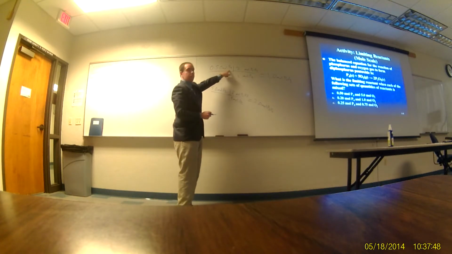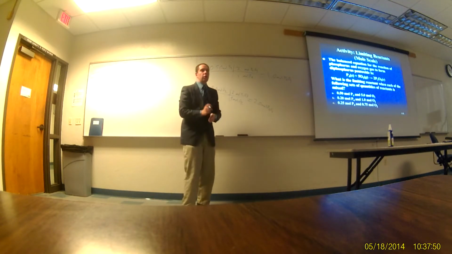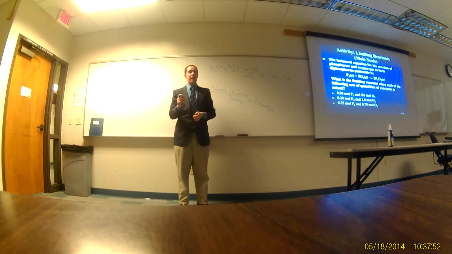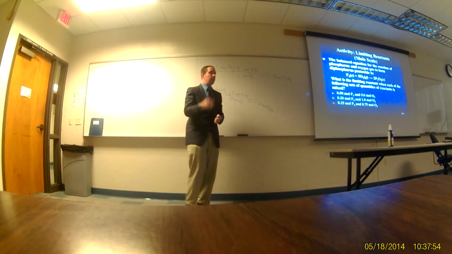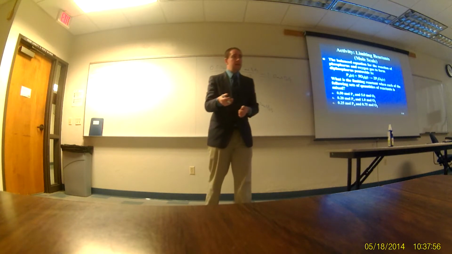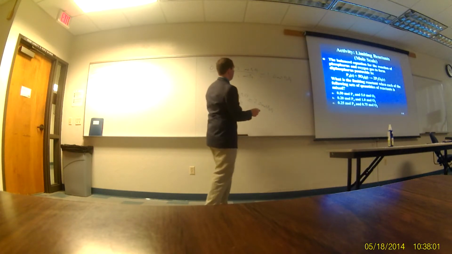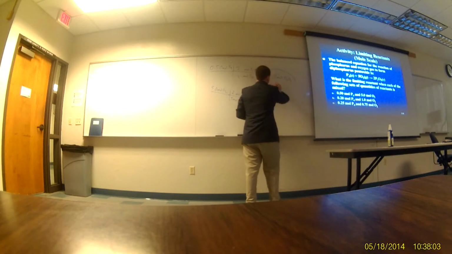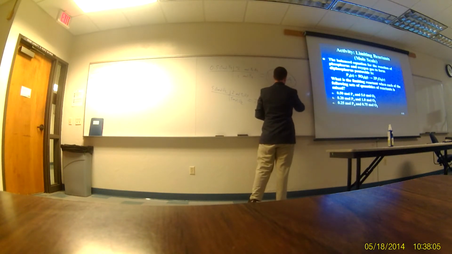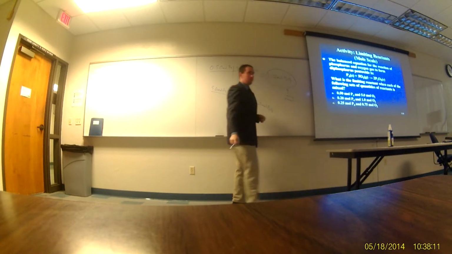P4. So what people like to do on a problem, and I tend to give them the benefit of the doubt, but you don't always want to shoot for the benefit of the doubt, is they'll do this. And then they'll circle that and say, limiting reactant.